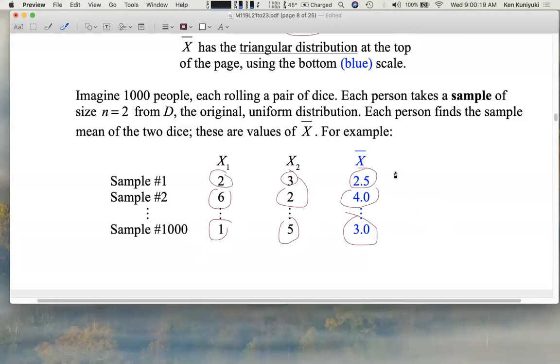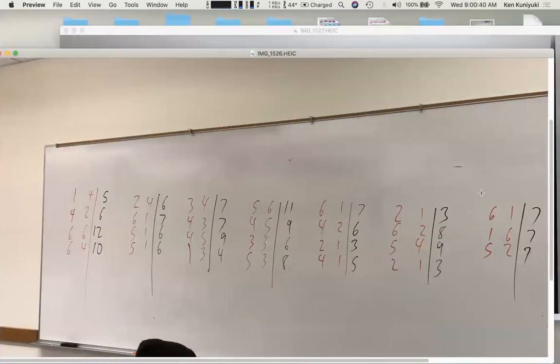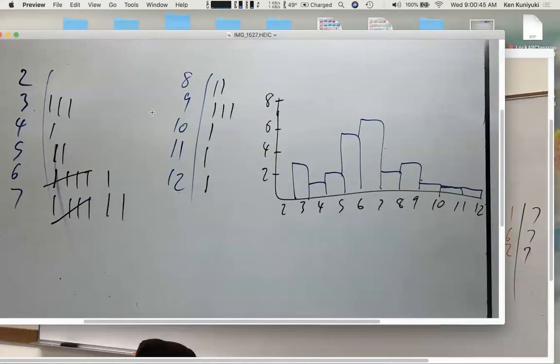Okay, and let's say that we take these 1,000 sample means and we do a spike plot for them, a relative frequency distribution. I claim that the spike plot for these sample means will very closely resemble this triangular plot over here. Granted, we may have sampling error. Remember, when we were doing sums of dice in our class, we had about 25, 30 students or so.